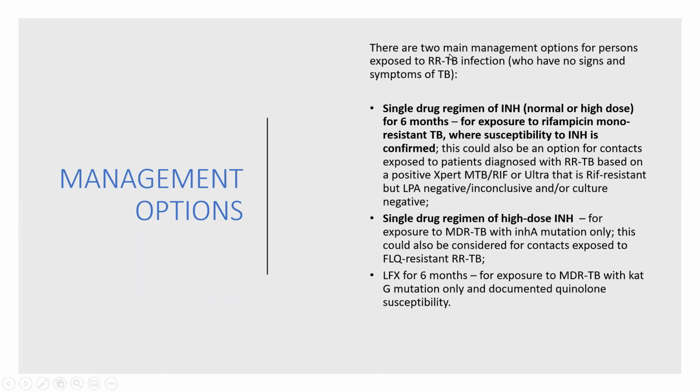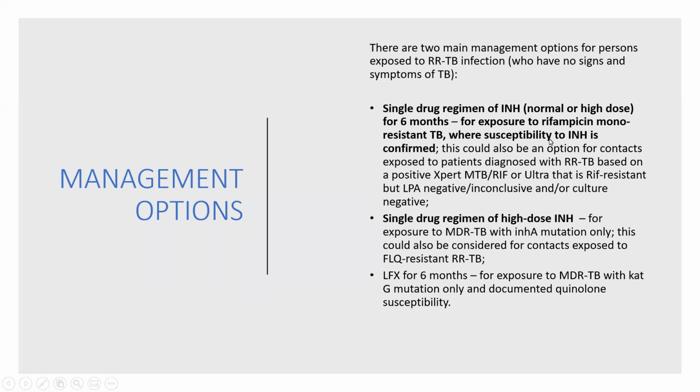Now, there are two main options for persons exposed to RRTB who have no signs and symptoms. The other option is you can give single drug INH, normal or high dose, for 6 months for exposure to rifampicin monoresistance, where susceptibility to INH is confirmed. This is the most common one.